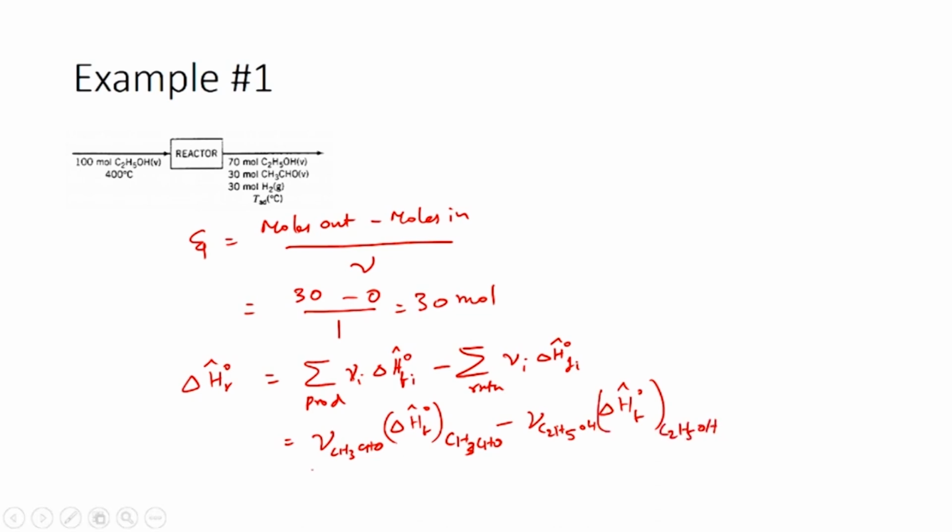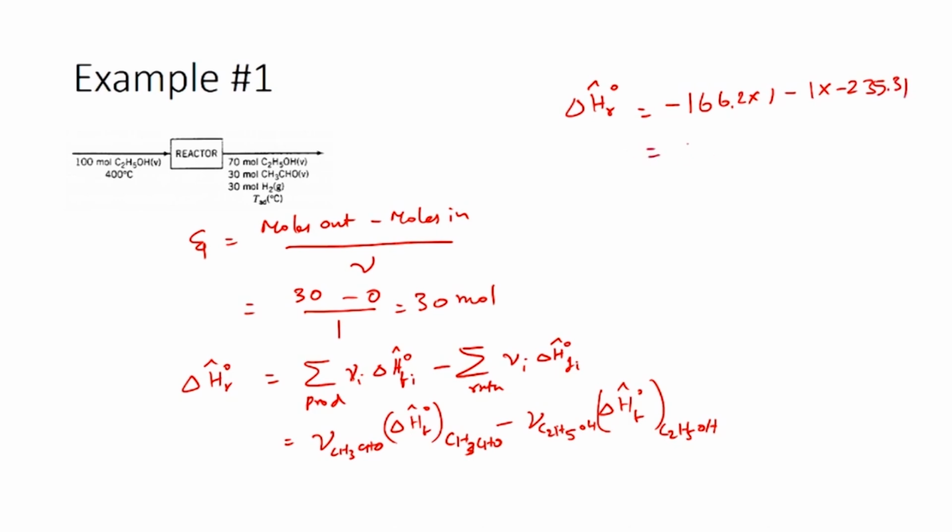So, using this we can calculate the heat of reaction. From the tables we can get the heat of formation for acetaldehyde and the heat of formation for ethanol, and if we plug those values in, you are left with delta HR cap equals minus 166.2 times 1 minus 1 times minus 235.31.